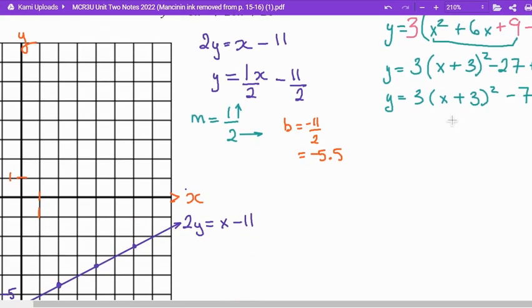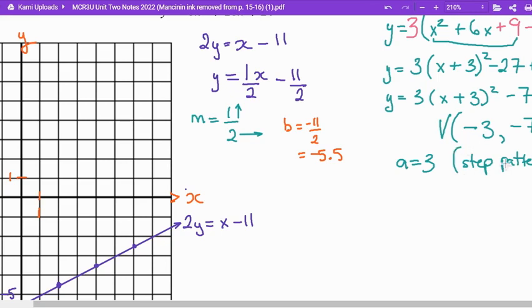Okay, and so now having the equation in vertex form, we can find the vertex. So we have -3, -7. And using the a equals 3, we find our step pattern times 3.